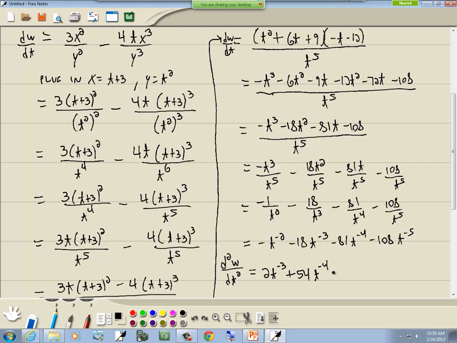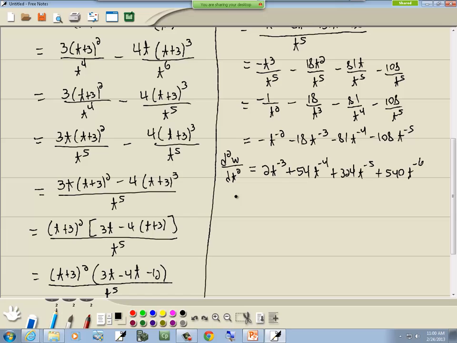Take that out in front, and we got 324. T to the negative 5 plus 540 t to the negative 6.